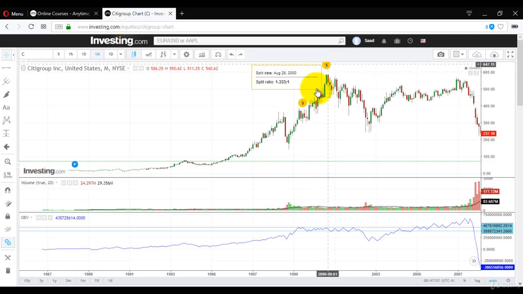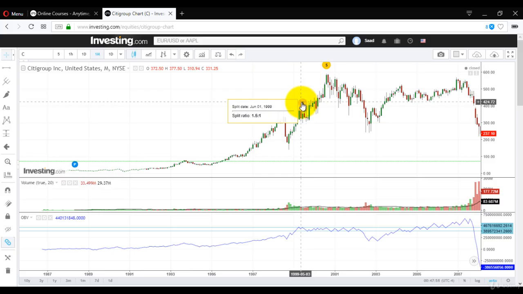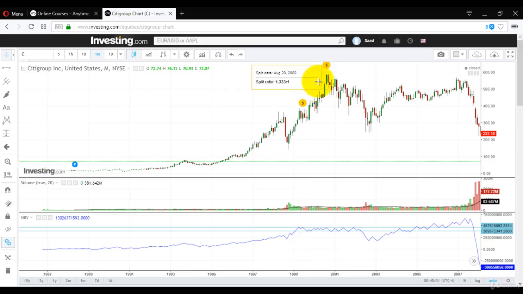But if you look at it from the first split till the second, the major players, institutional investors, would have already known that the stock will be split further. So they are selling it before that and distributing the news that another stock split is in the offering.